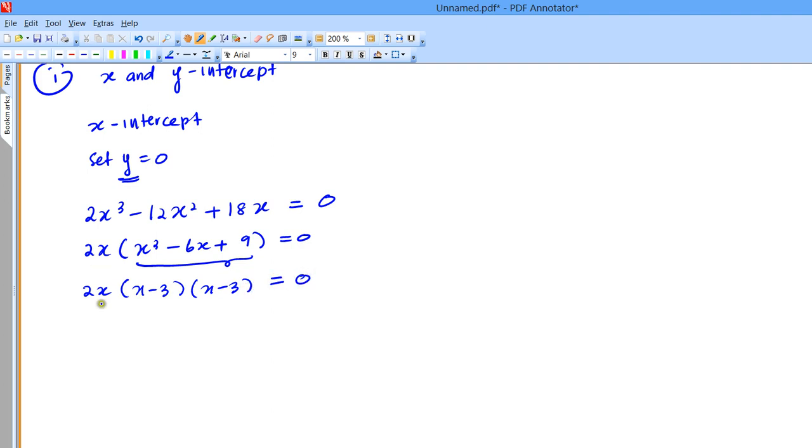So for the first term, we have 2x, so 2x equal to 0, so x equal to 0. For the second term, we have x minus 3 equal to 0, so x equal to 3. And third term, we have x minus 3 equal to 0, so x equal to 3.